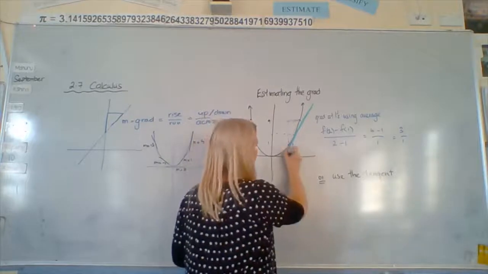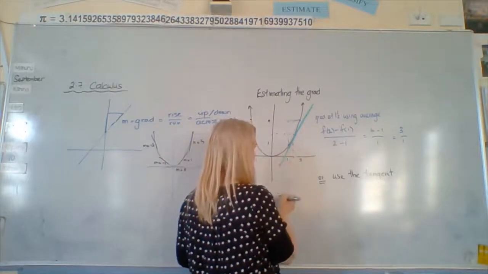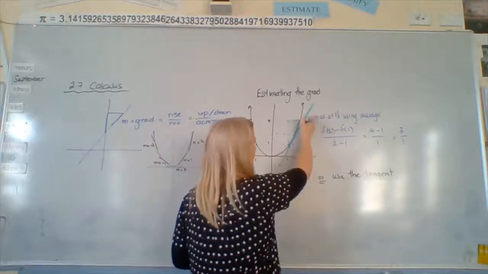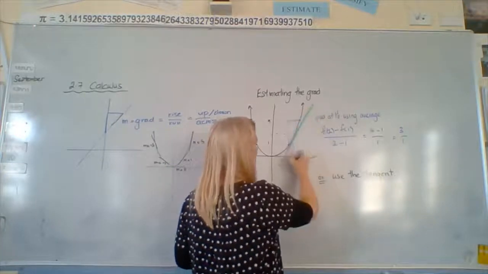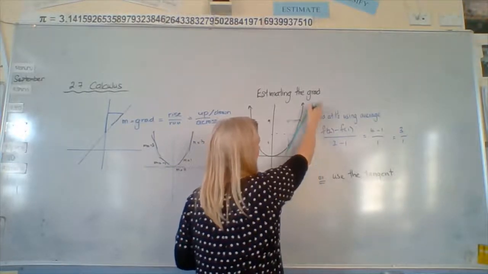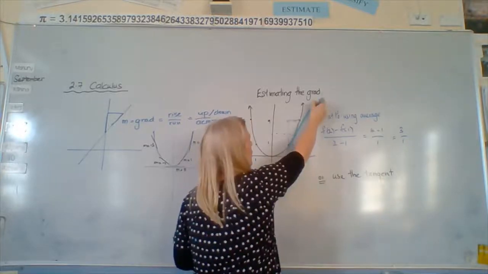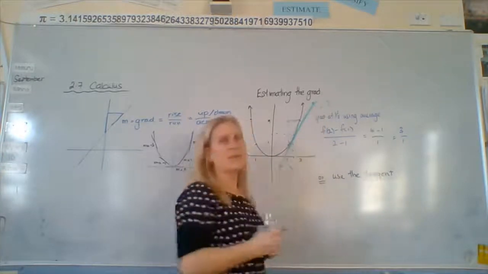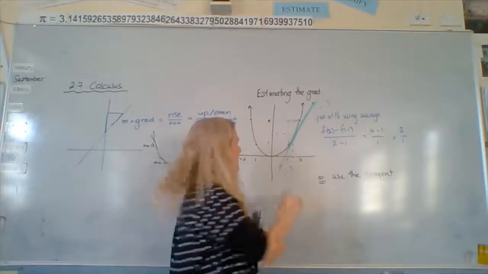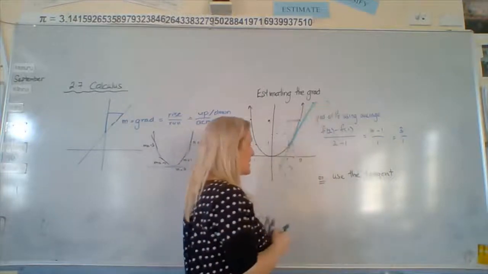So we might have to go a fair way to find out a point so that we could actually use. Who knows where it's going to be? We might have to go all the way up to here somewhere. But we could use these coordinates to find the gradient. So we can find up, over, across.